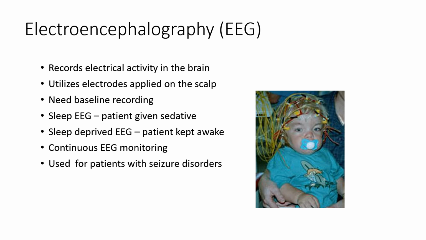And again, it's used for patients with seizure disorders or sleep disorders, or patients that just are having unusual activity. They may want to make sure that they are not having a seizure that is not classic.